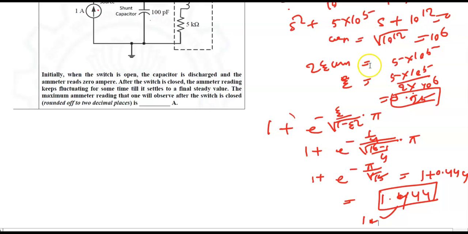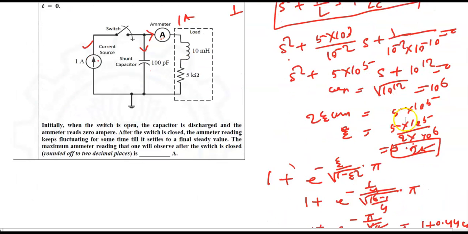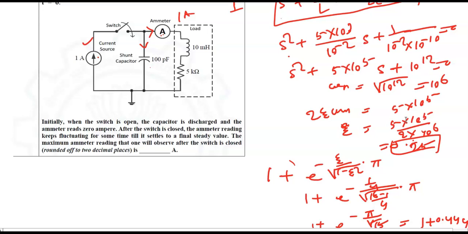Suppose you miss this case, because in the exam hall it may slip from the mind that after the switch is closed the ammeter reading keeps fluctuating, and sometimes reaches a maximum.